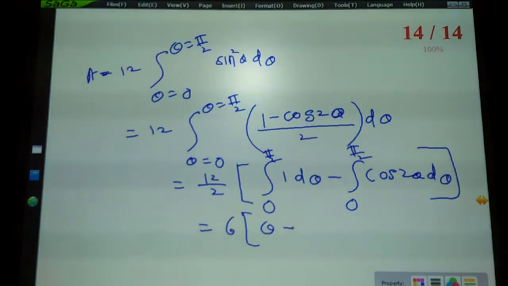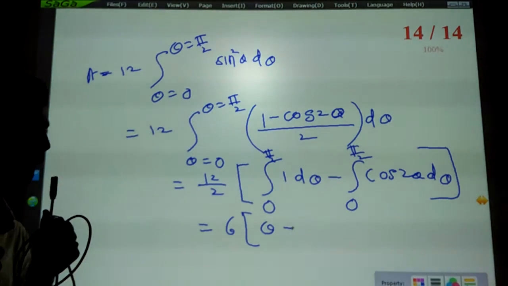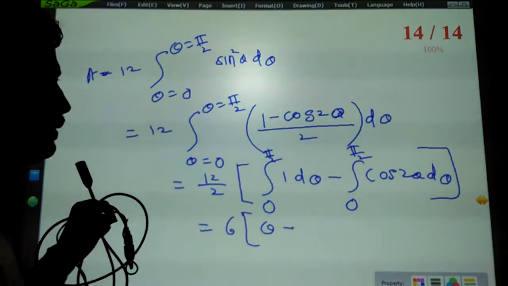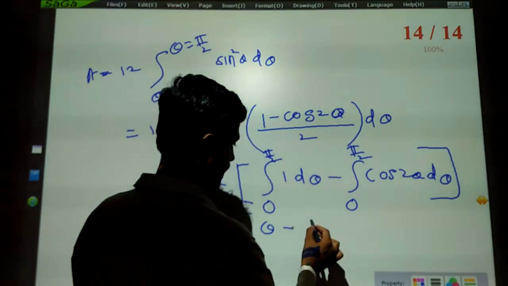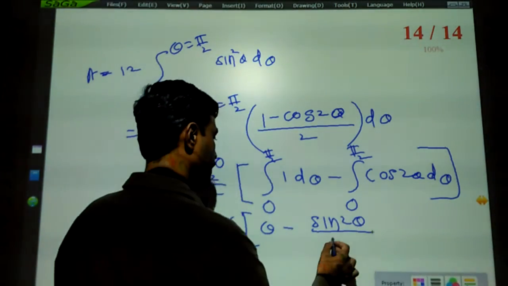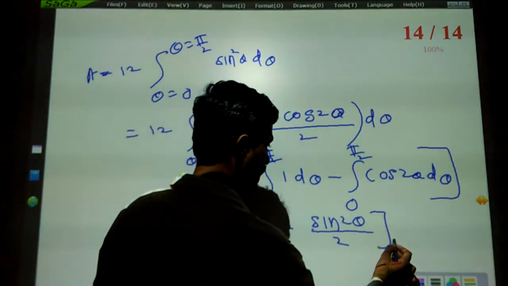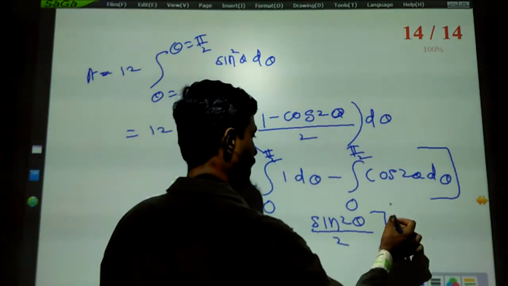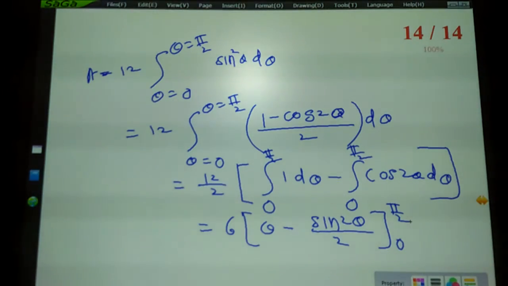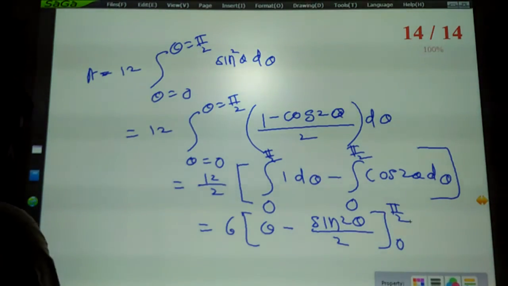Integration of cos 2 theta is sin 2 theta upon 2. Again, derivative of that 2 theta is the 2. Lower limit 0, upper limit pi by 2. Just put the upper limit minus lower limit. You will get the last answer.